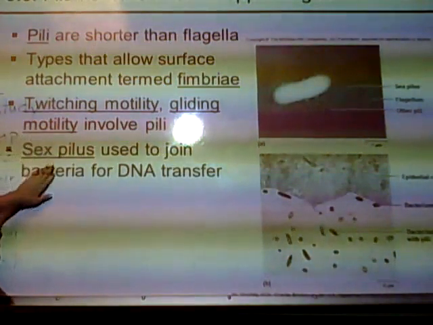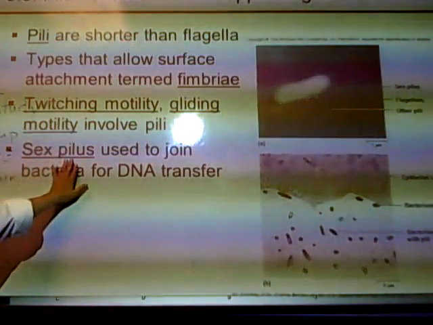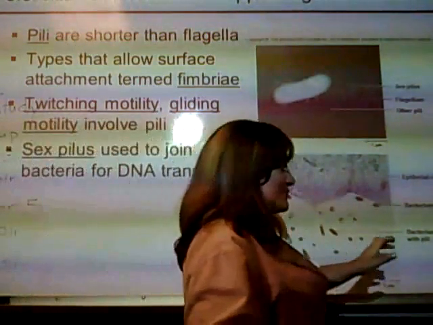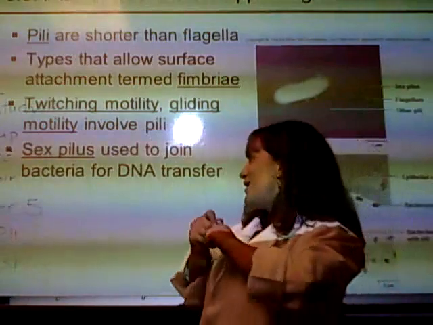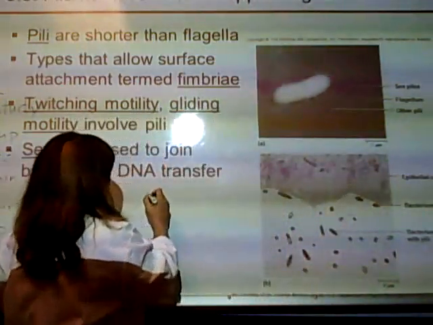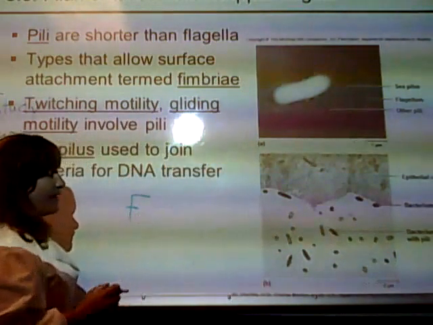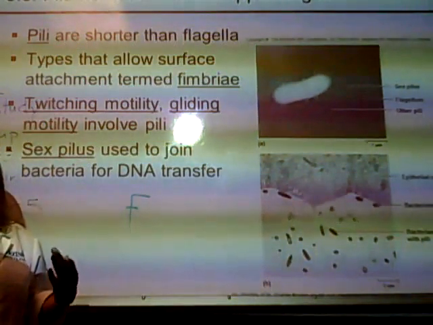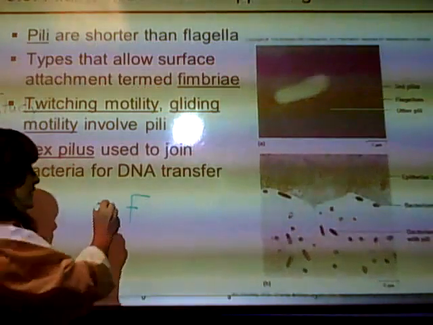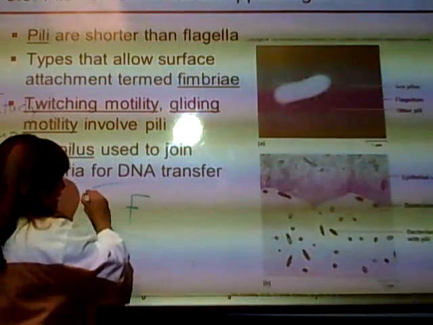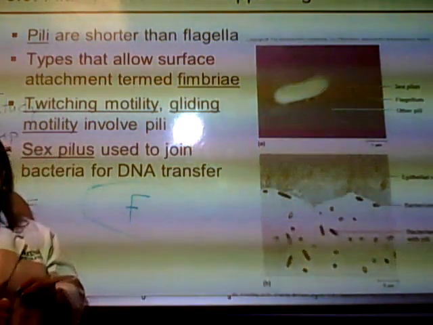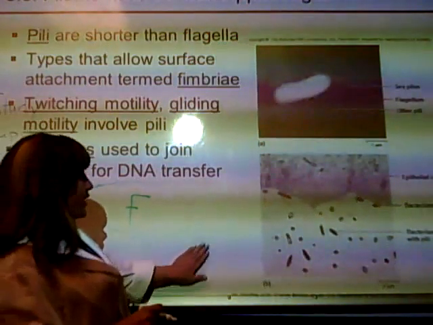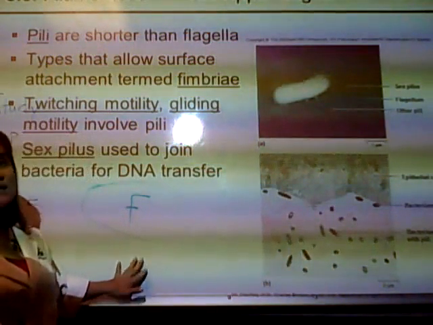Now, this is a really good one. There's also an F pilus. You can have an F plasmid or not have an F plasmid. All right, so bacteria, they're sort of like male and female, but not really. Some have the F pilus and some don't.